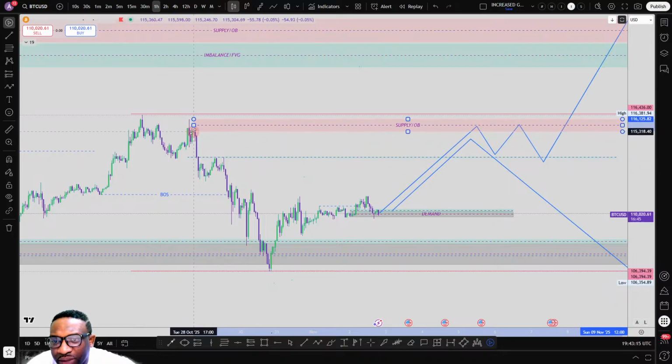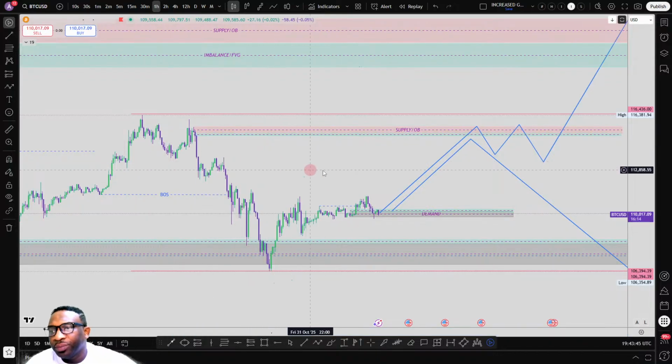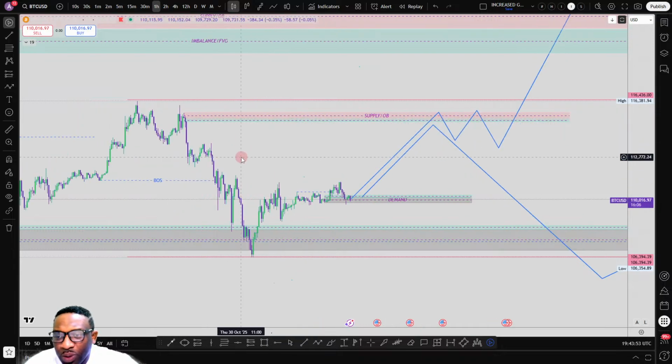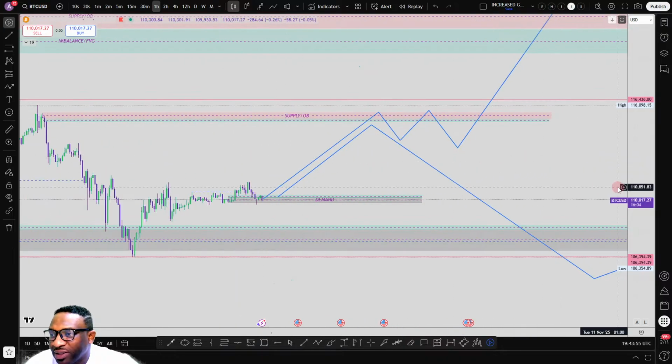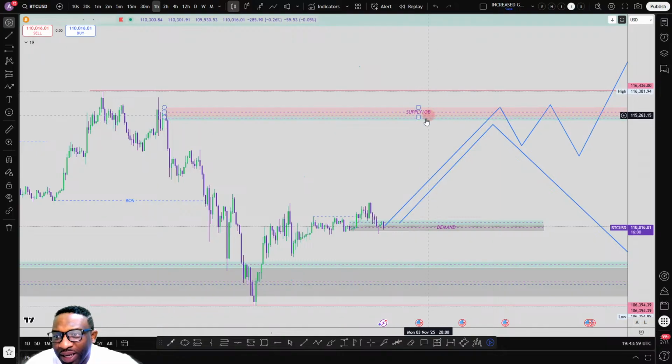With this scenario, we can see how we have narrowed the zone to a very tiny area, because we want to see price coming to this zone, and if we get a better indication of price turning to the downside, that is where we want to take a sell from there.